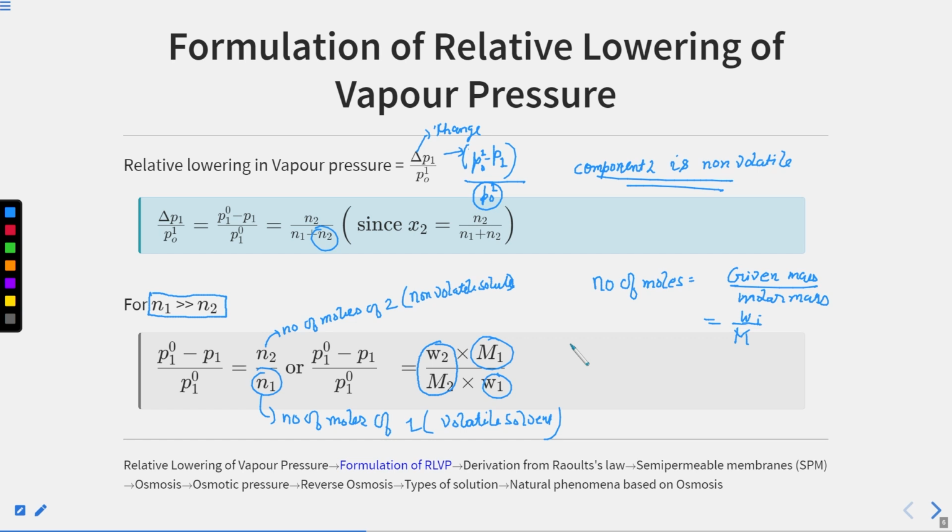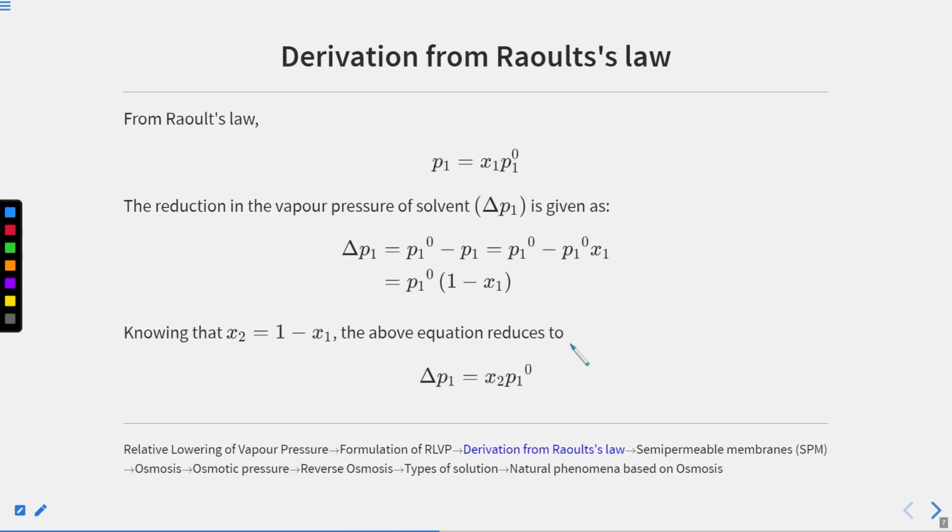Now you will see how we can derive this formula from Raoult's law. We know from Raoult's law that the partial pressure of 1 in the solution is equal to the mole fraction times the partial pressure of 1 in the pure form.